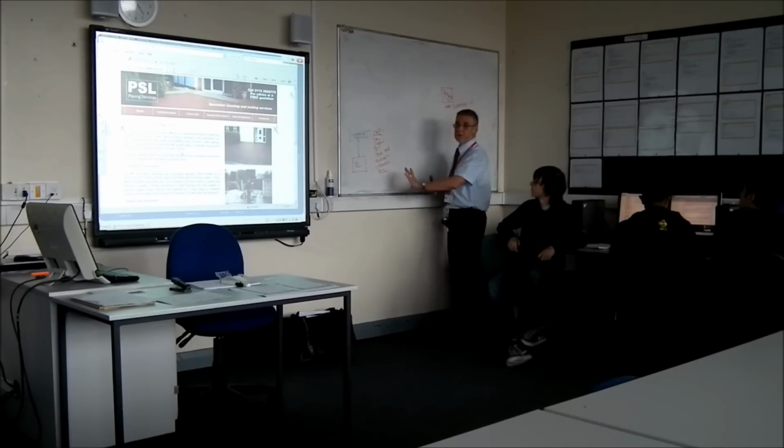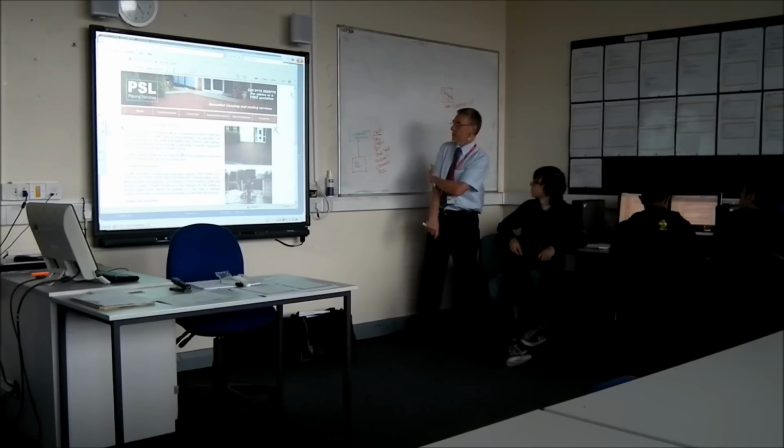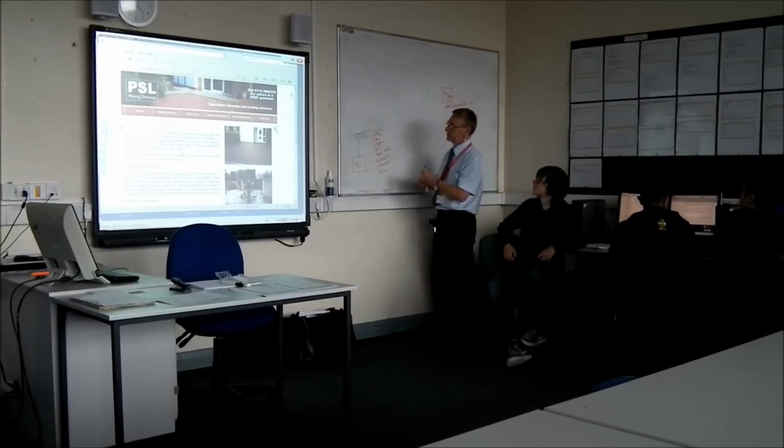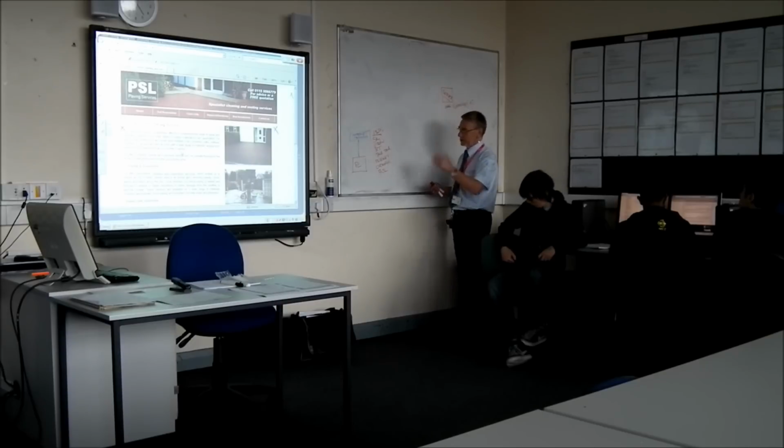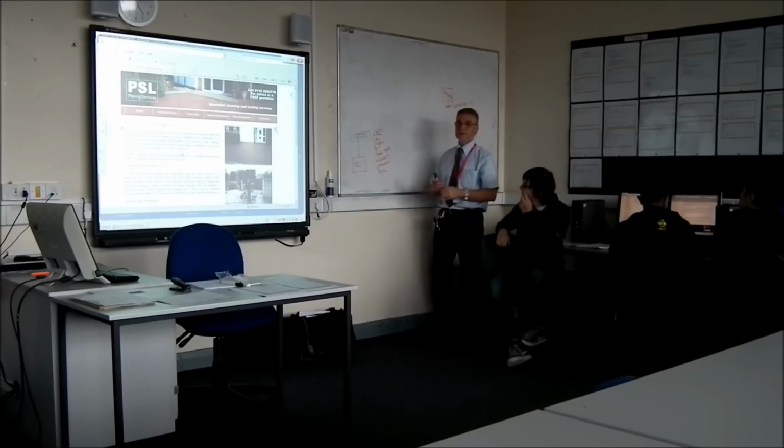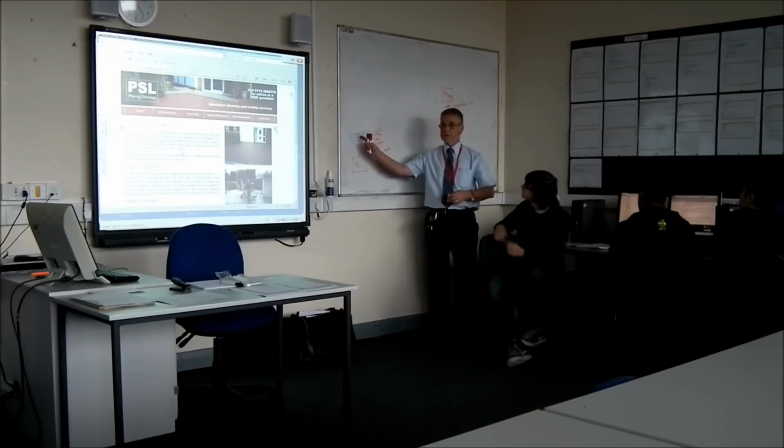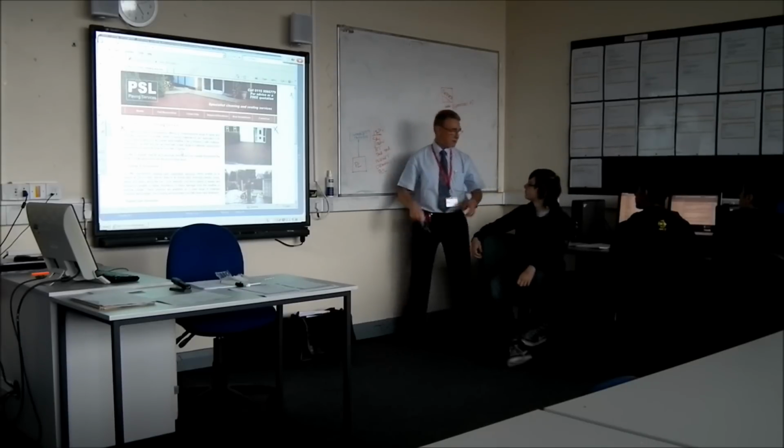Right, so we've got these people called ISPs, Internet Service Providers. How do we connect from our PC to our ISP? How do we actually connect in? You said router.